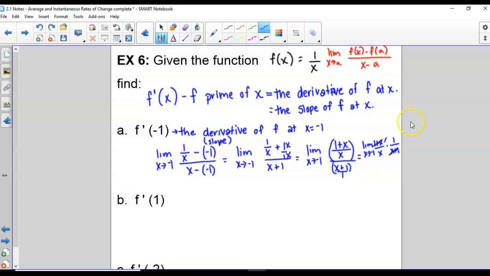We can switch those. So now we've just got the limit as x approaches -1 of 1 over x, and we can plug in, so we'd have 1 over -1, and we would get a slope of -1. So f prime of -1, the slope, or the derivative of f at -1, is -1.